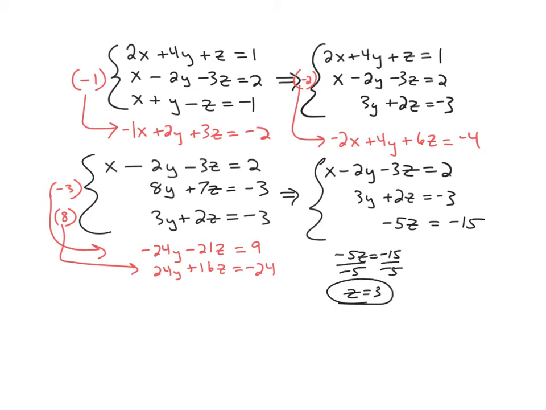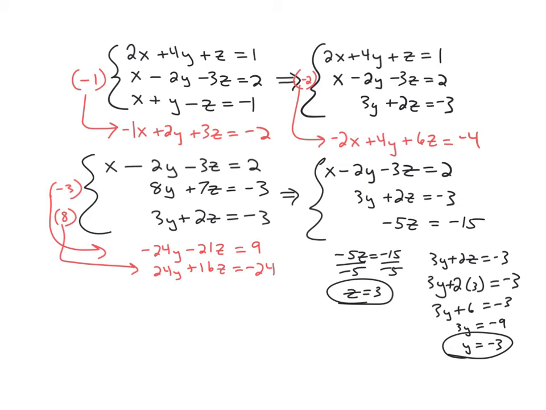Okay, now I'm going to take the second equation, which is 3y plus 2z equals negative 3, and I'm going to put 3 in for z because I just figured out that z was 3. So I end up with 3y plus 2 times 3 equals negative 3, so 3y plus 6 equals negative 3. 3y equals negative 9, so y is negative 3.